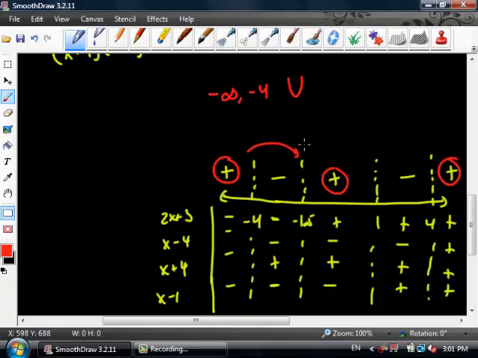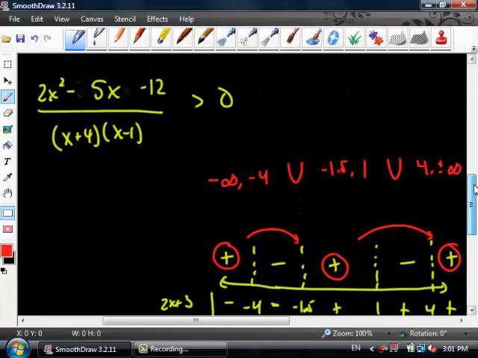So I create a union. And then -1.5, comma, it ends at 1. I have to jump over again. And then a union again. So I get 1, comma, I'm sorry, not 1. Should be 4, comma, positive infinity. And now, because the original problem was all greater than 0, non-inclusive, everything gets a soft bracket.